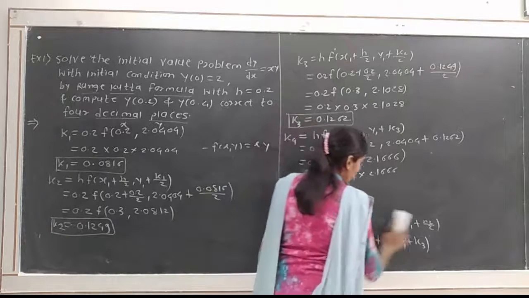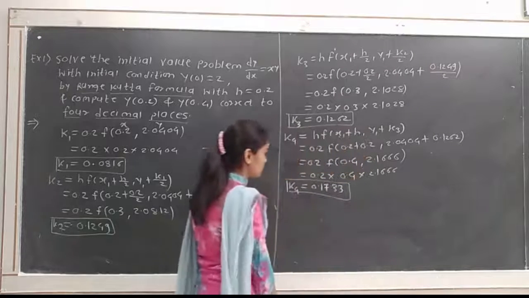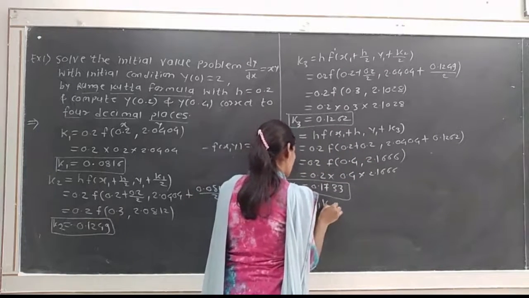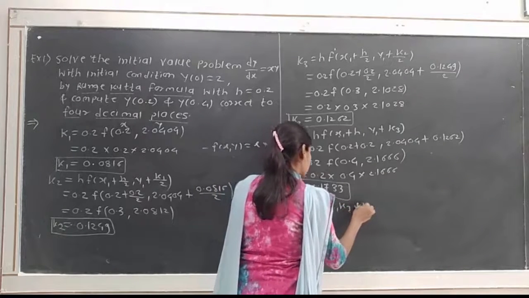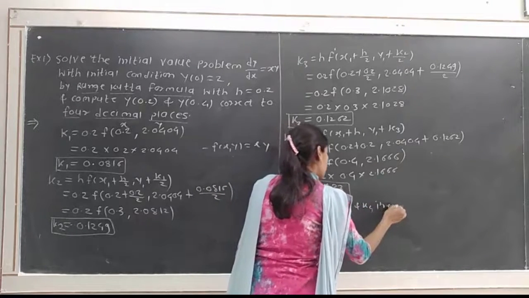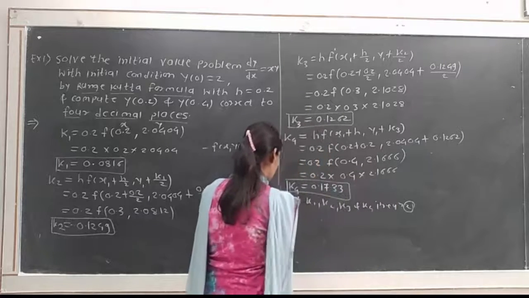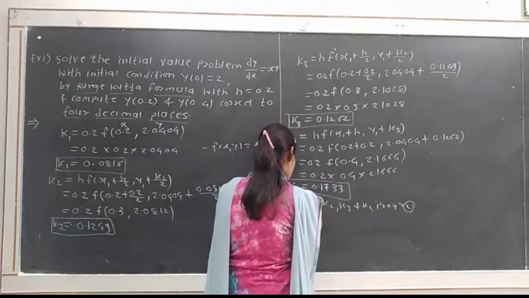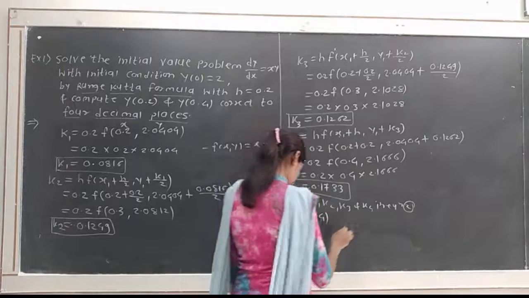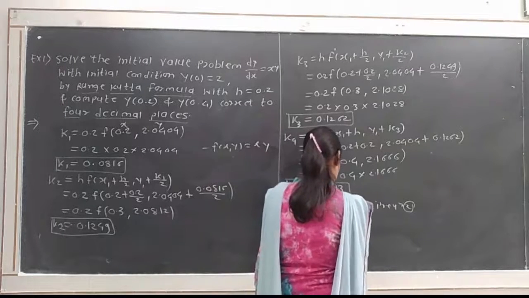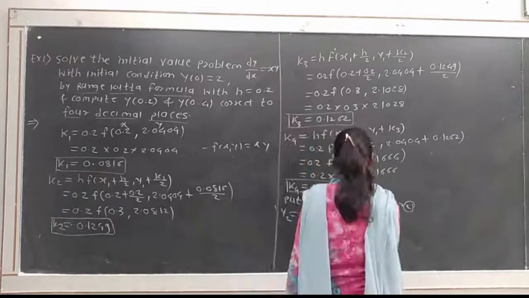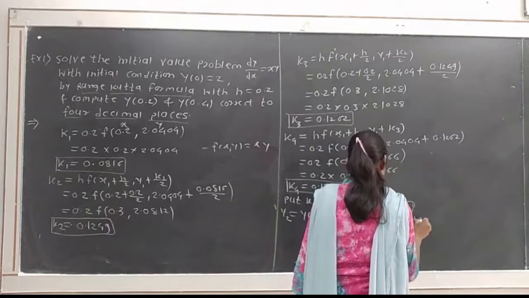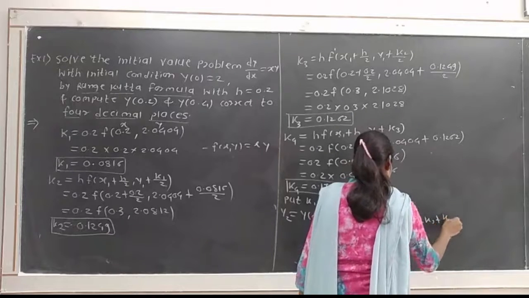Then we have to put these values in equation number 2. So put k1, k2, k3 and k4 in equation number 2. So we get y2, that is y of 0.4, equal to y1 plus 1 by 6 in bracket k1 plus 2k2 plus 2k3 plus k4.